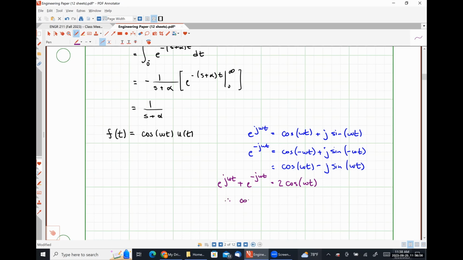And from this, we can express cosine omega t as 1/2 e to the j omega t plus e to the negative j omega t.